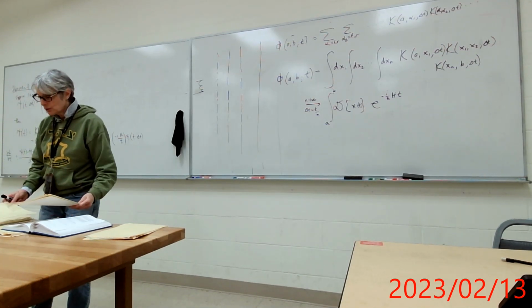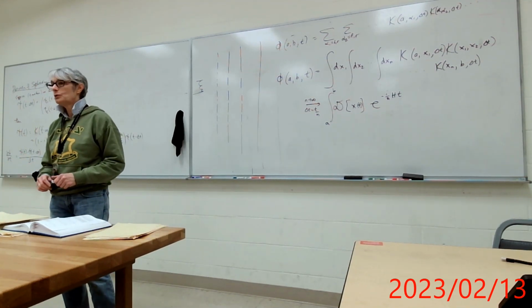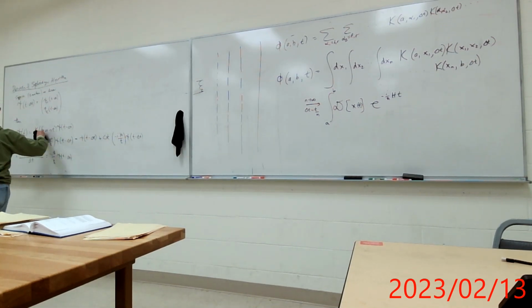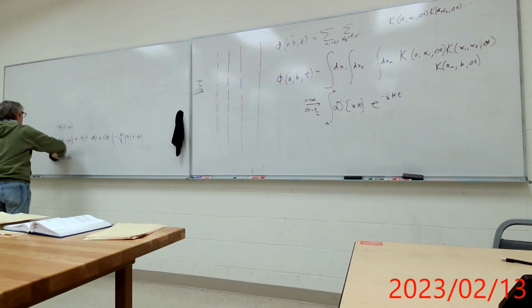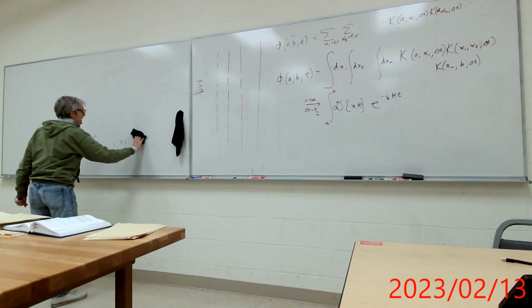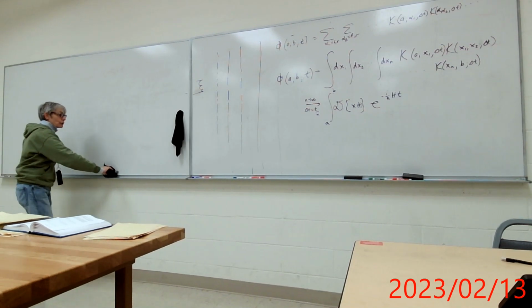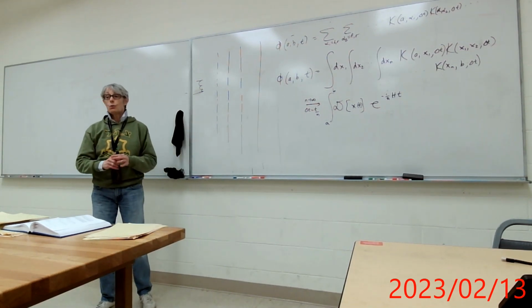And now we're going to do a simple example to make it all clear. And the simple example will be the free particle. At least I hope it'll make it all clear. Townsend does this as well. His derivation is different because he assumes the Schrödinger equation and just builds from there. We haven't done it that way.